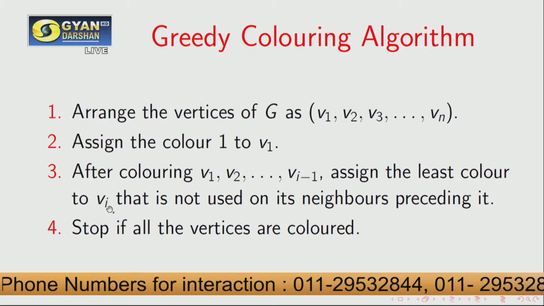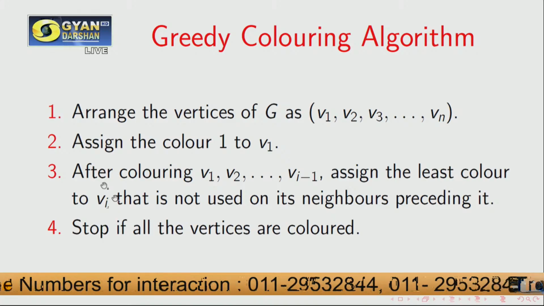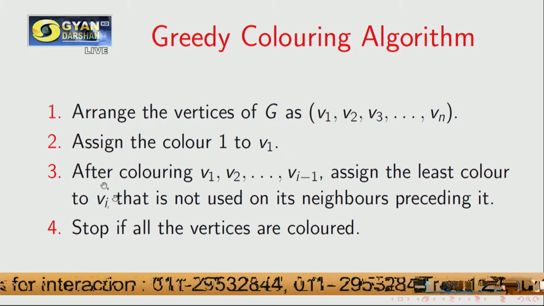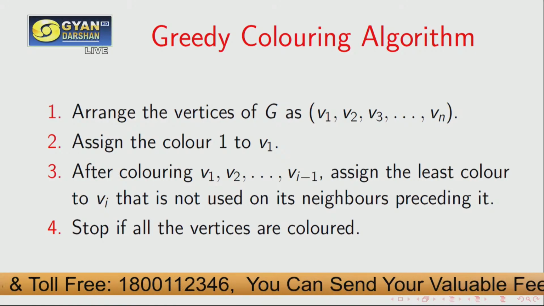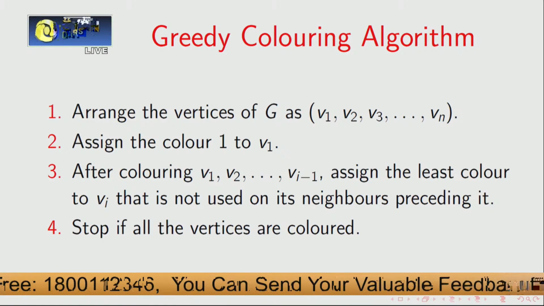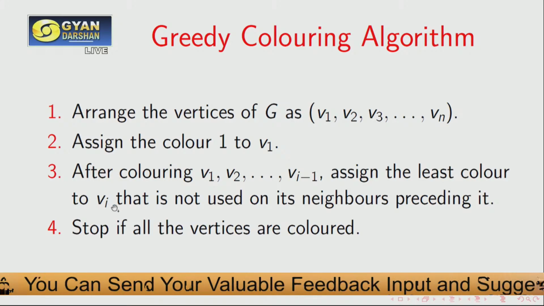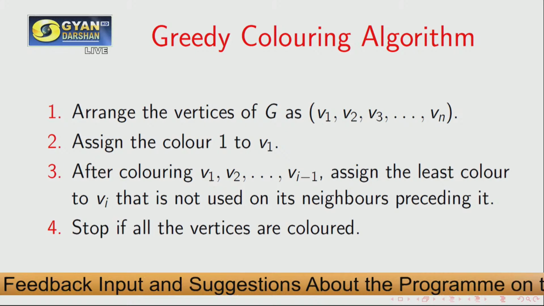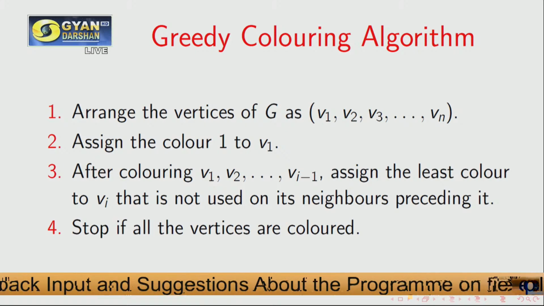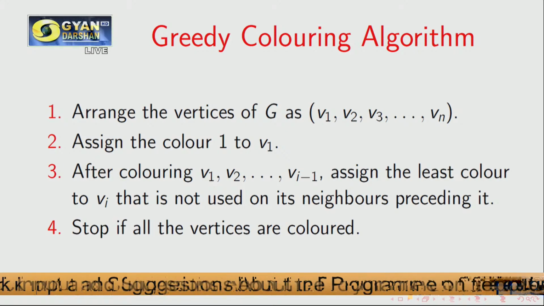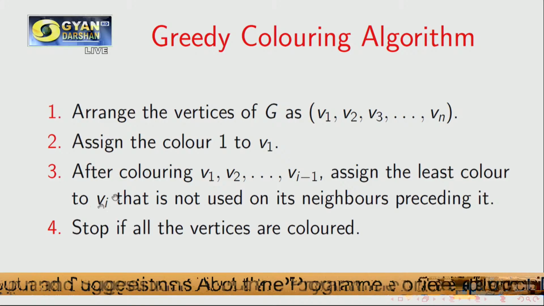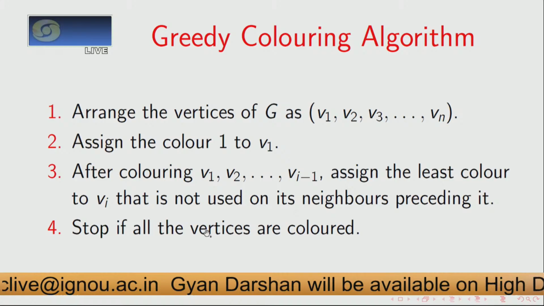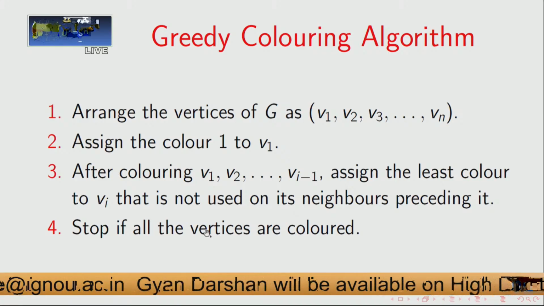To color this vertex, we just look at all its neighbors which have been colored before it. And actually we just look at the colors which have been used on those neighbors. So once we know that information, we just look at the least color which has not been used, and that color can be used to color vi. So when all the vertices are colored, we can just stop.